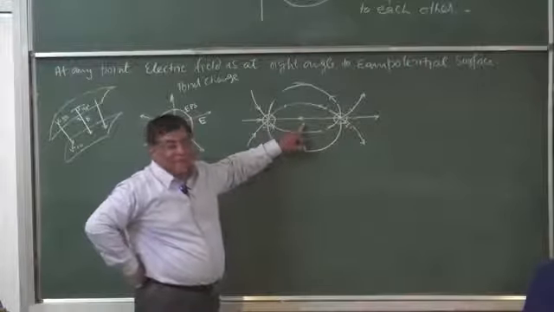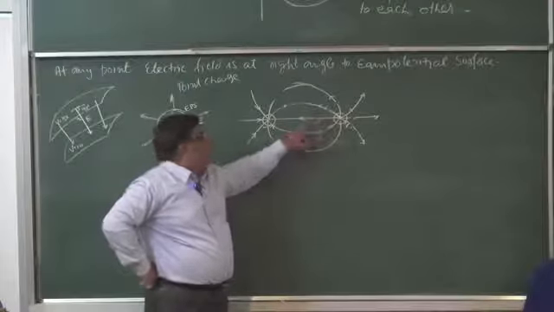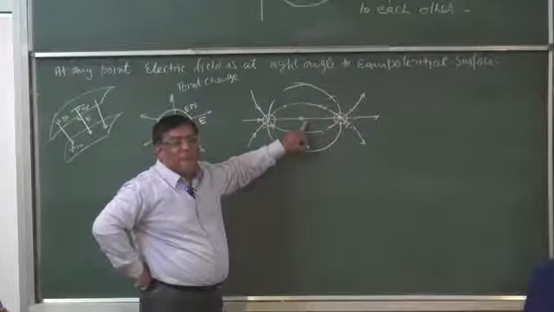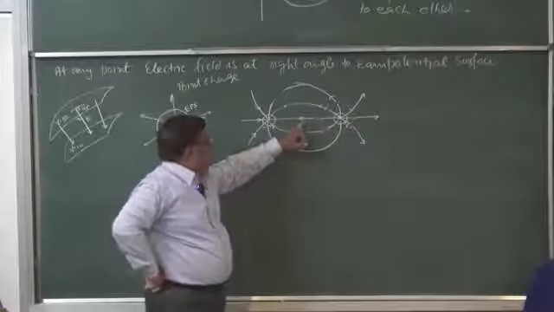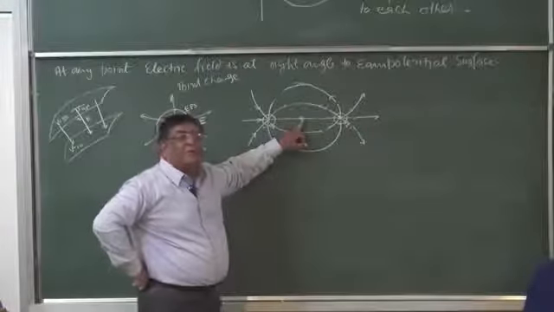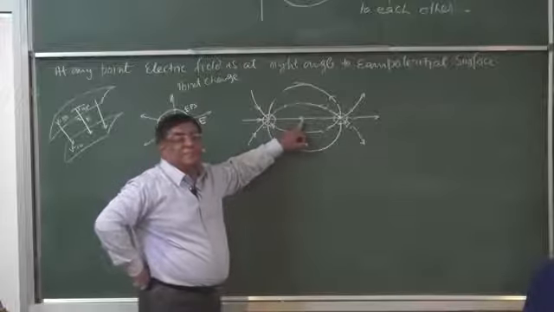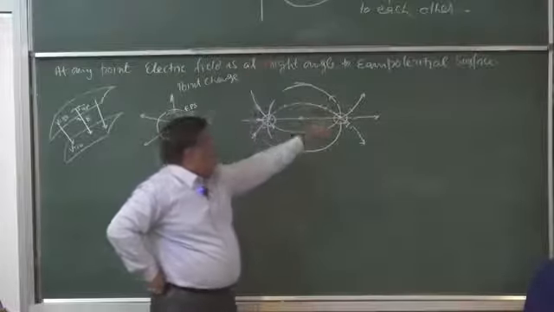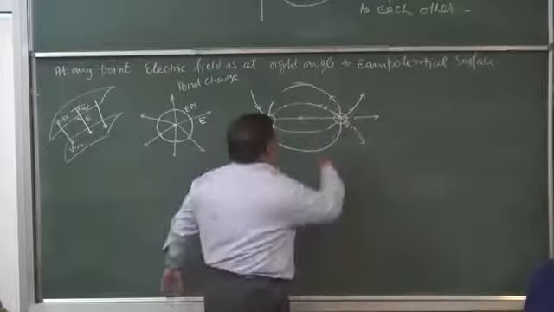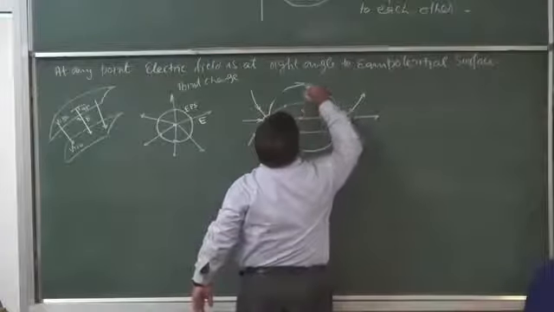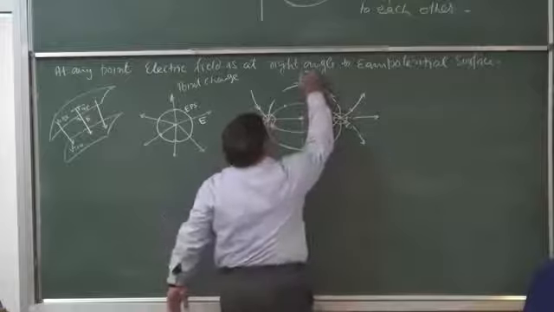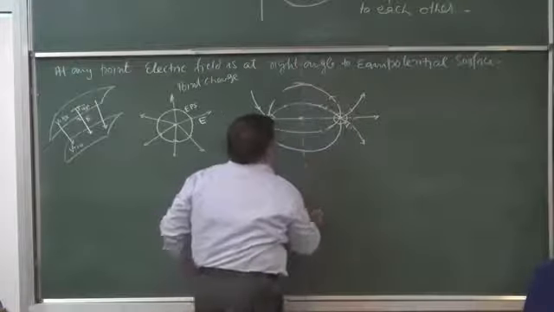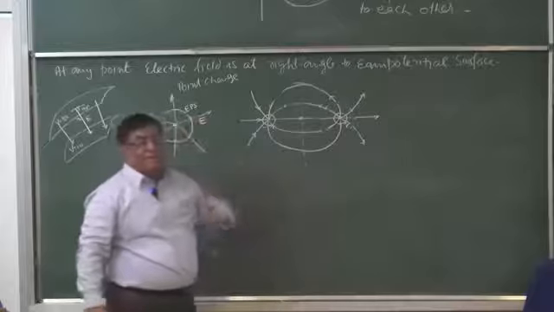Minus Q upon L. Because of this, how much will it be? Plus Q upon L. Add the two, it will become 0. Here potential is 0. At which other point is it 0? At infinity. So this equipotential surface will go like this. It will not bend anywhere. Where is it going? Infinity.